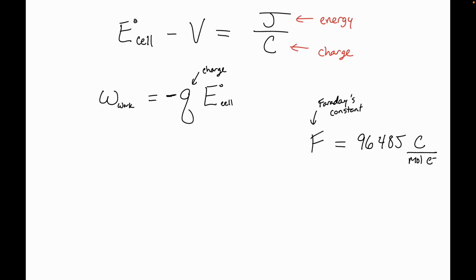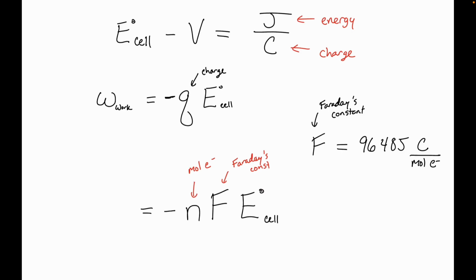All right, so our formula, we're going to stick this all together. Negative n, where n is the number of moles of electrons in our equation. F is Faraday's constant. And then that E naught cell is again our standard cell potential.